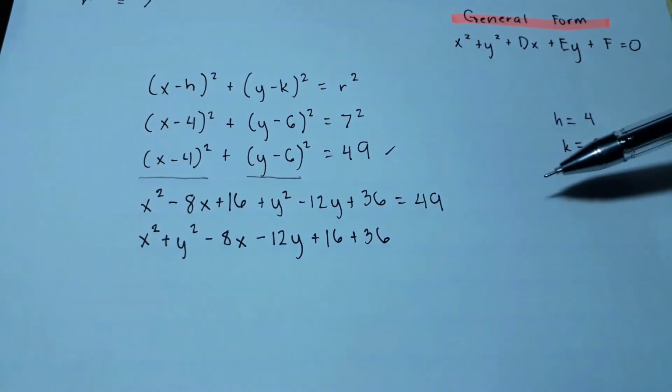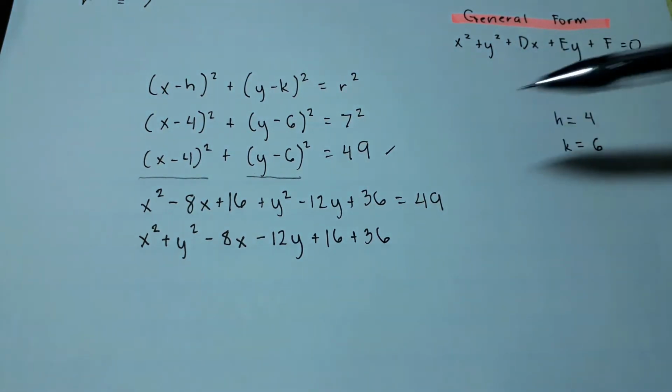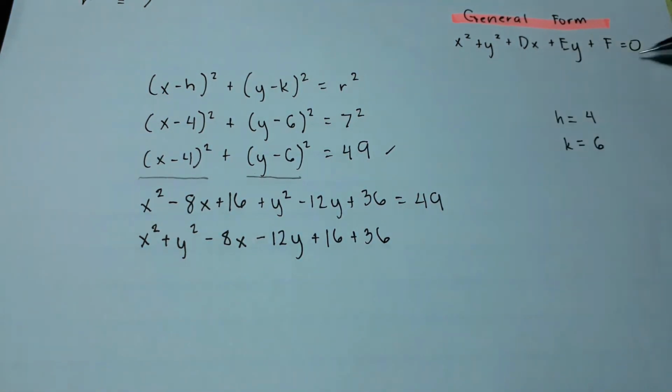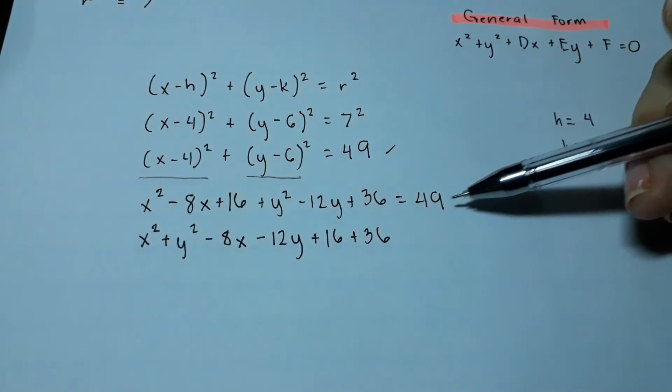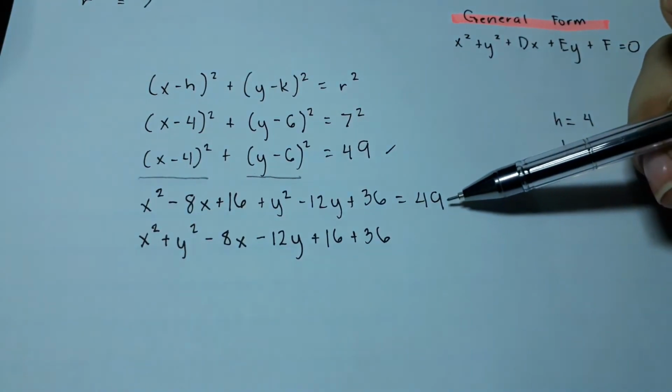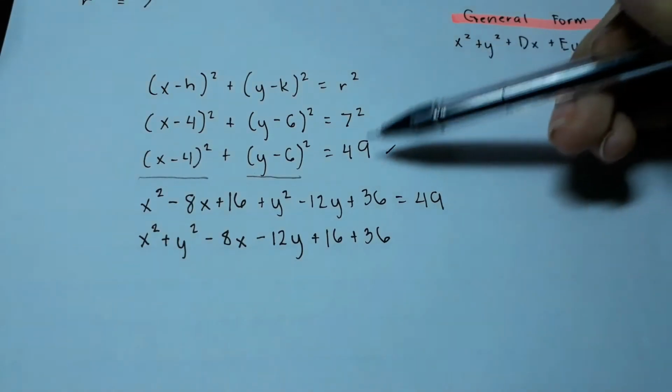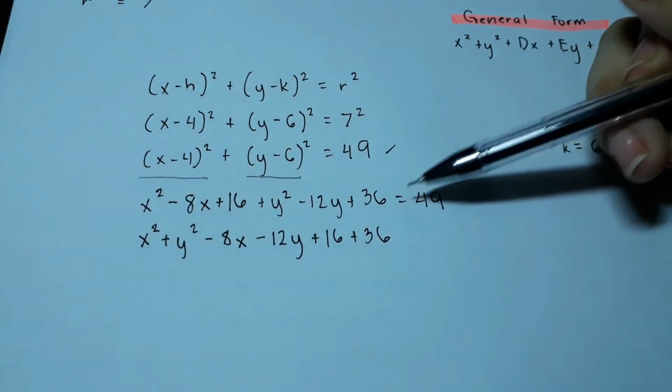Now, as you can see, we must make sure that there's no number at the right side of the equal symbol. So what we must do is transfer this 49, or the radius squared, to the left side of the equal sign.